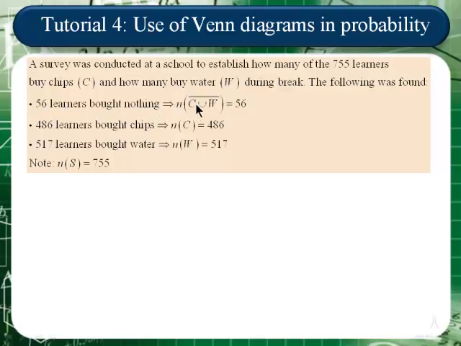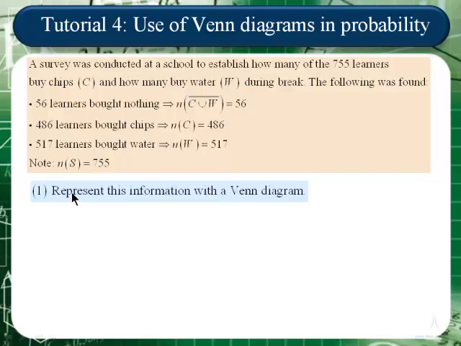So the cardinal number of the number of learners outside the union of these two is 56. 486 learners bought chips. So the cardinal number of C is 486. And 517 learners bought water, so that the cardinal number of W is 517. Note the cardinal number of the sample space, which in this case is the number of learners in the school, is 755.